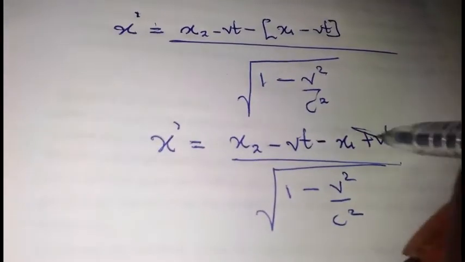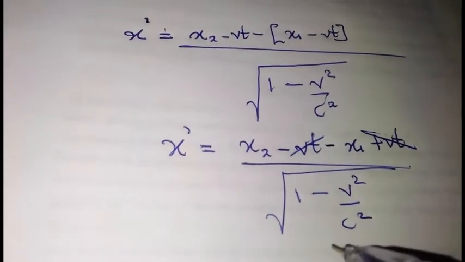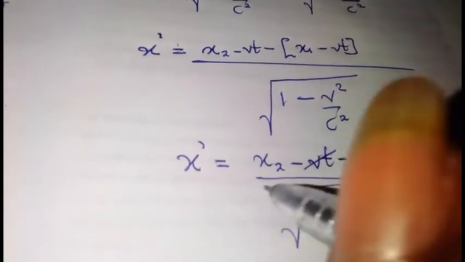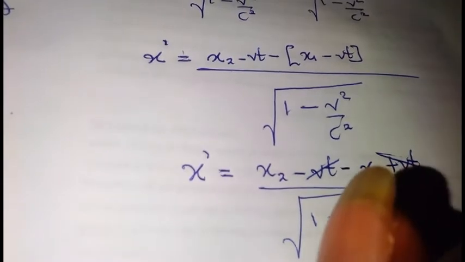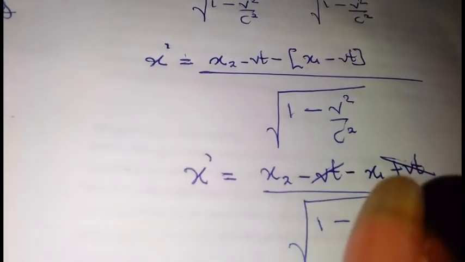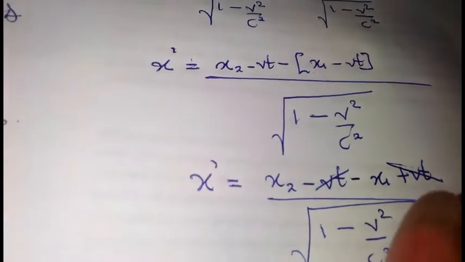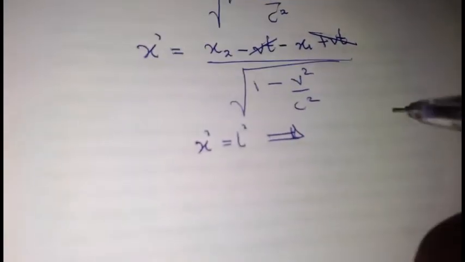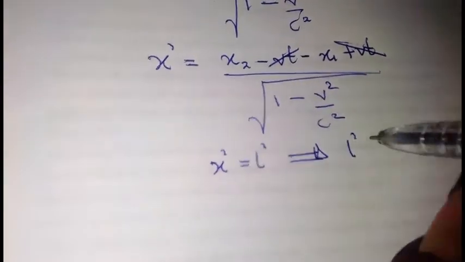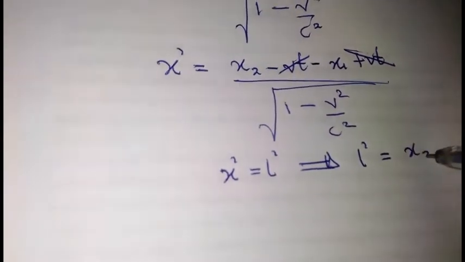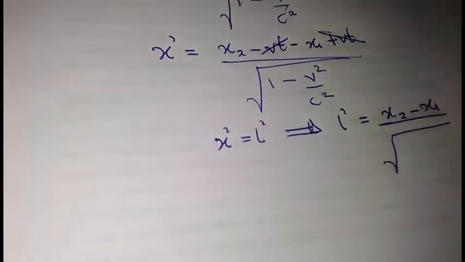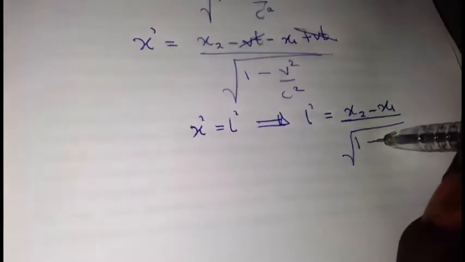You can see this, so vt cancels vt. So we have L prime equal to x2 minus x1 all over root of 1 minus v square all over c square.